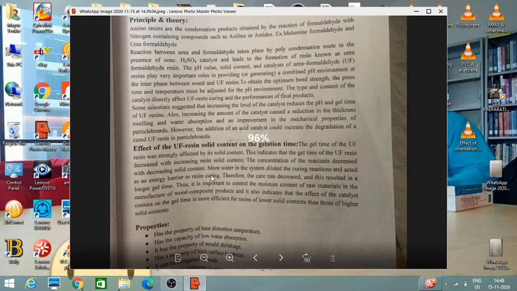So what is curing? Curing is making a finished product. You know, curing is basically when the resin gets cross-linked and you get a final finished product. So curing cannot occur if there is water or it is delayed. Therefore, the cure rate decreases and this results in a longer gel time. Thus, it is important to control moisture content of raw materials in the manufacture of wood composite products.